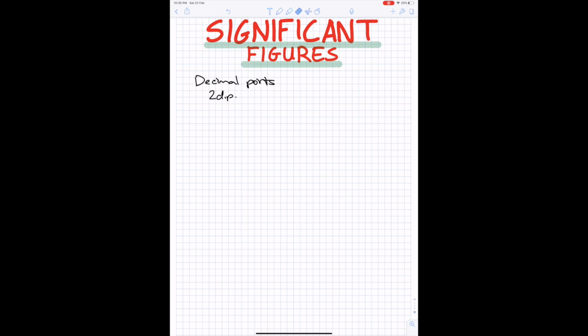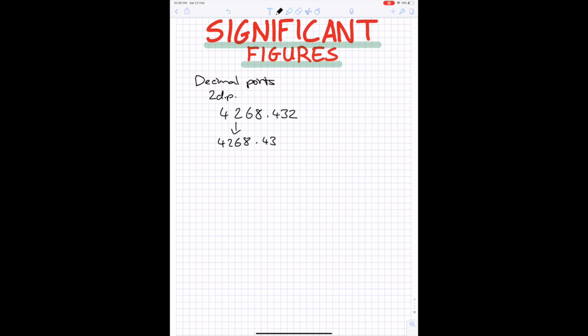So if we look at a number like 4,268.432, if you need 2 decimal points in terms of precision, this answer would become 4,268.43.